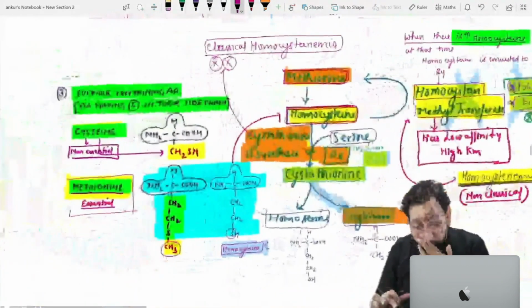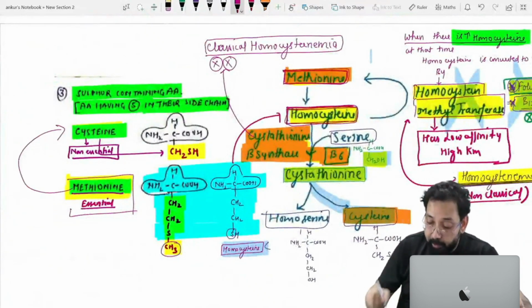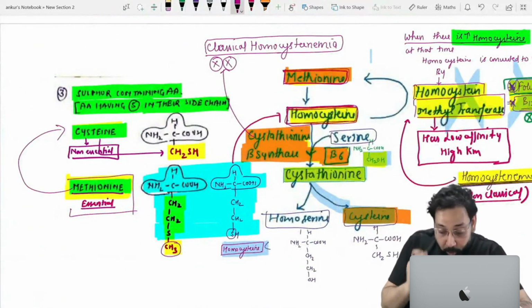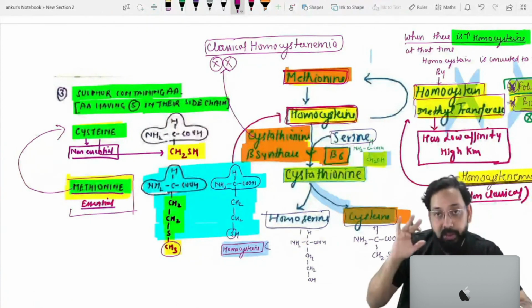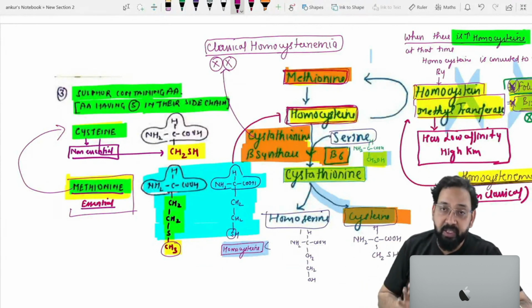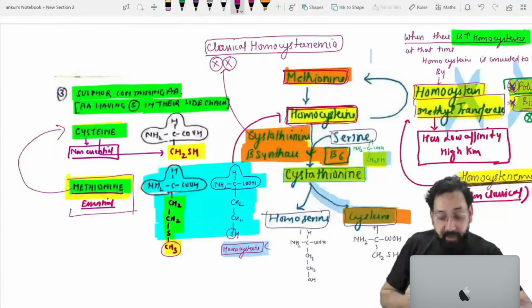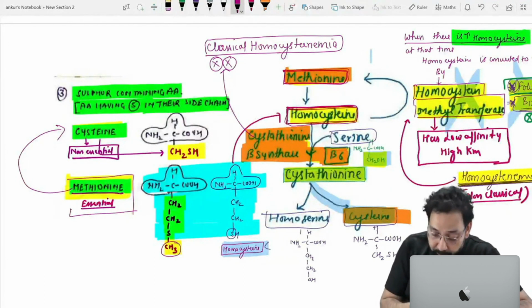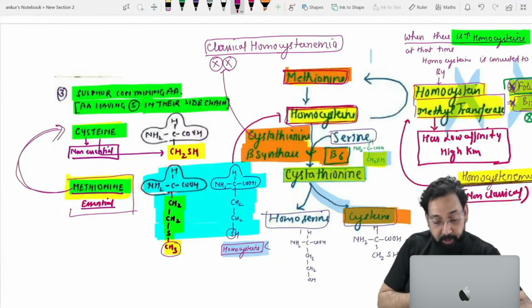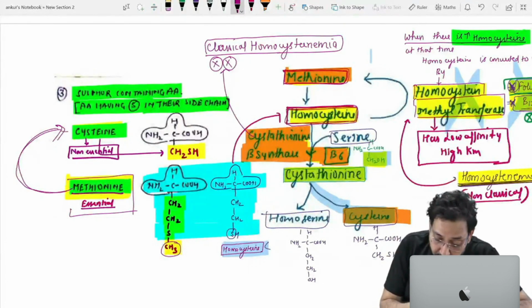Normally in our body, methionine is essential and it is converted to cysteine by multiple steps. But if this cystathionine beta synthase is not working, then methionine will not be converted to cysteine. Cysteine will not be synthesized in our body, and if cysteine is not synthesized in our body, it becomes essential. So cysteine becomes essential.